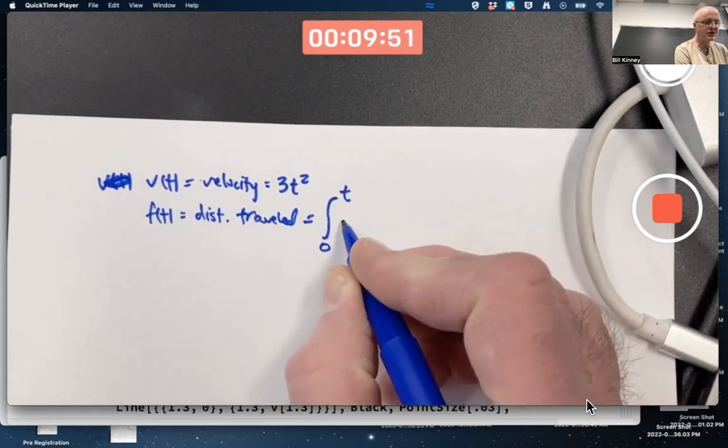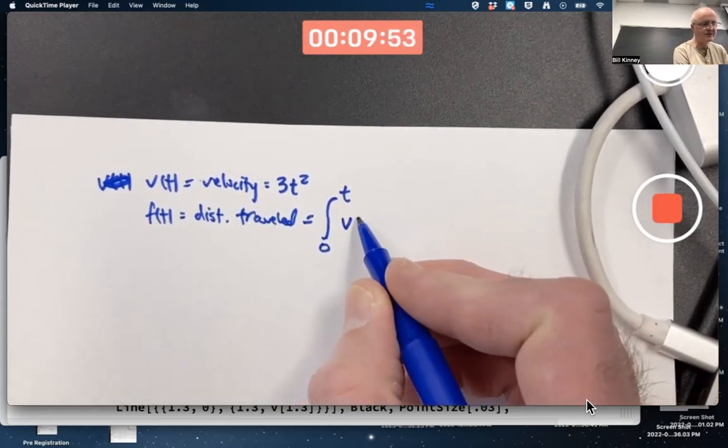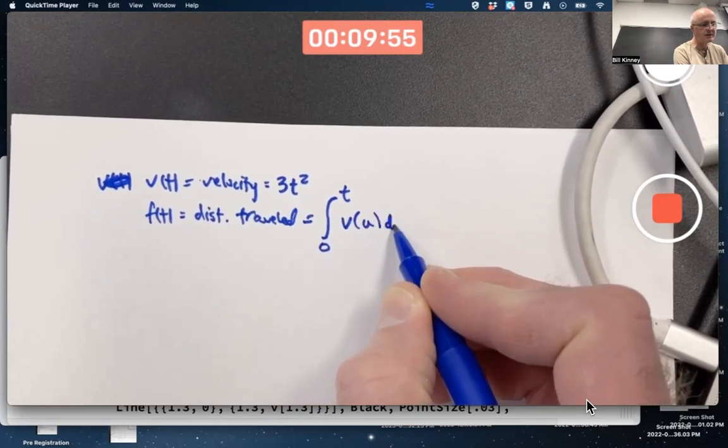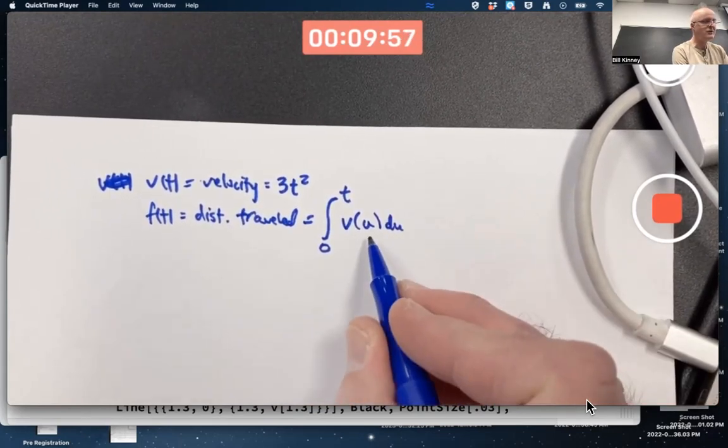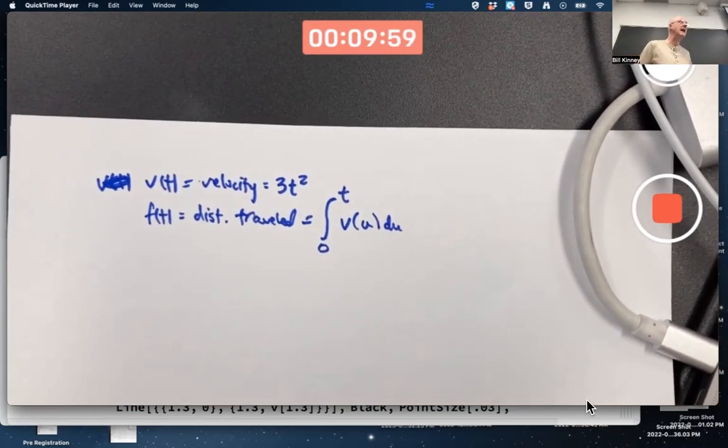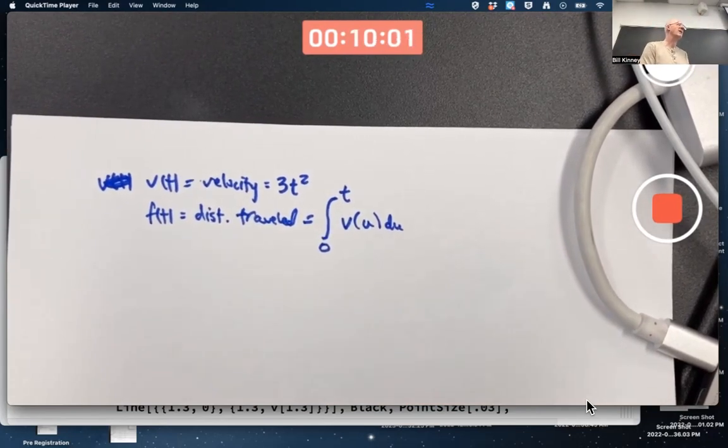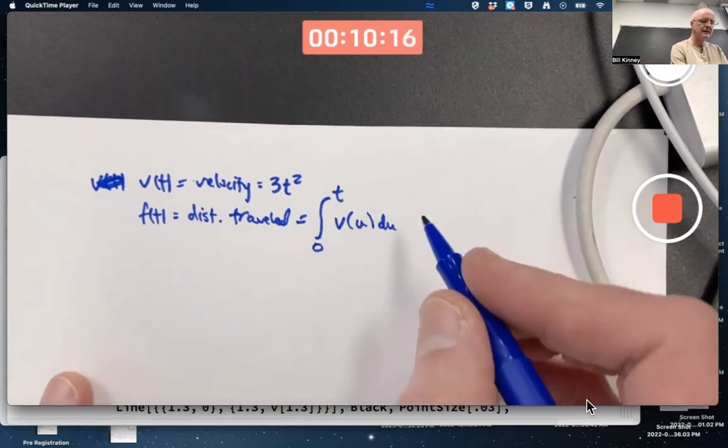But if you do this, you really should call the variable something different here, like a u or something. When you do that, then you call u a quote-unquote dummy variable. Why? Well, in a sense, all variables are dummy variables, but it doesn't mean anything. I'm just trying to use a different letter than t to emphasize the true variable for this function f of t is that upper limit of the integral.